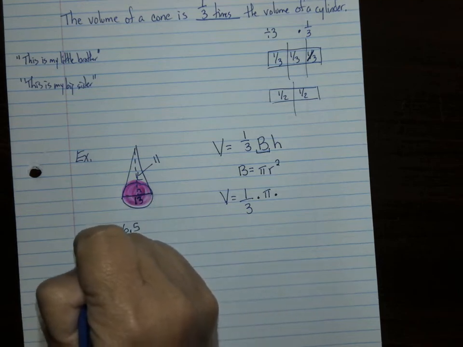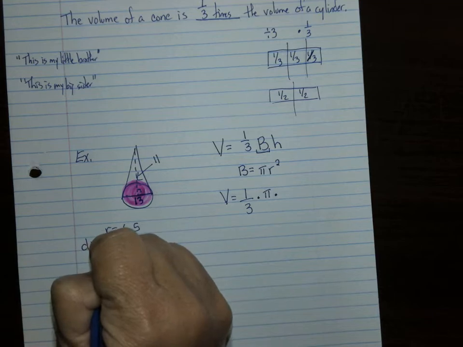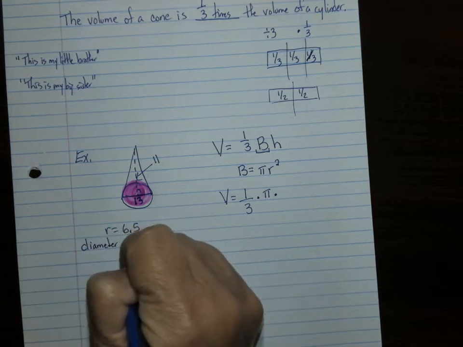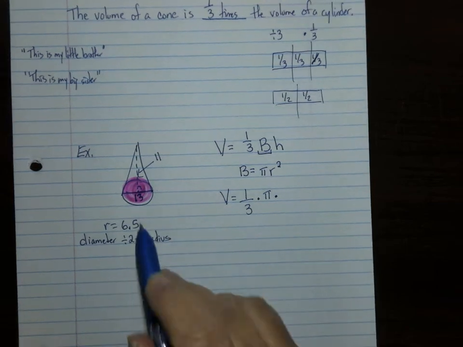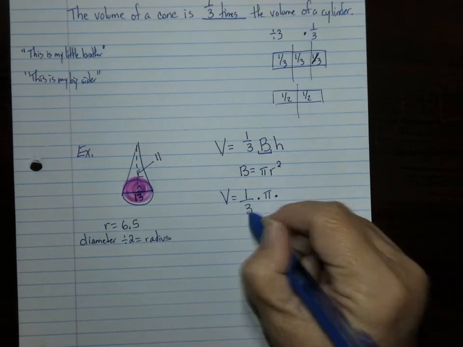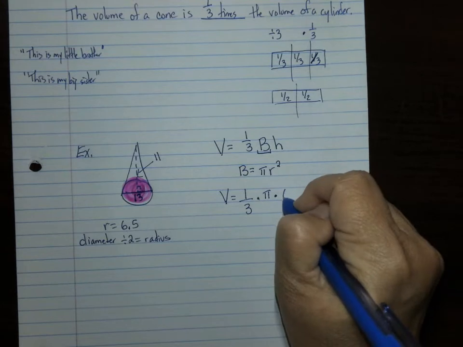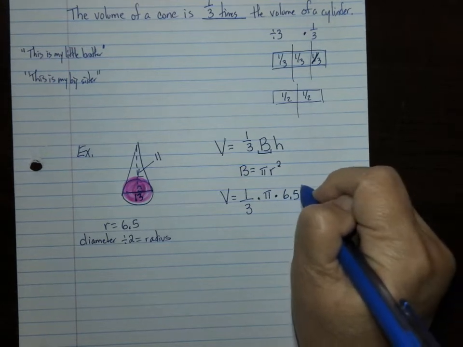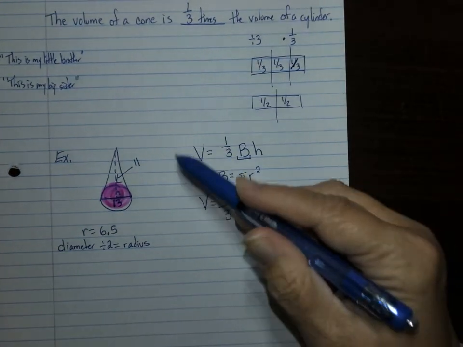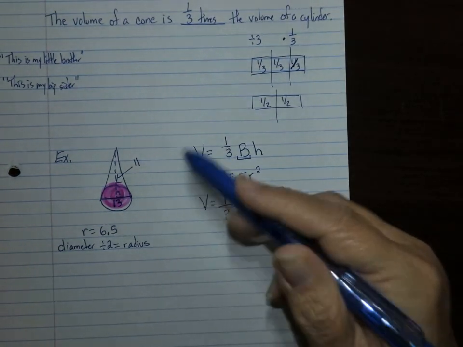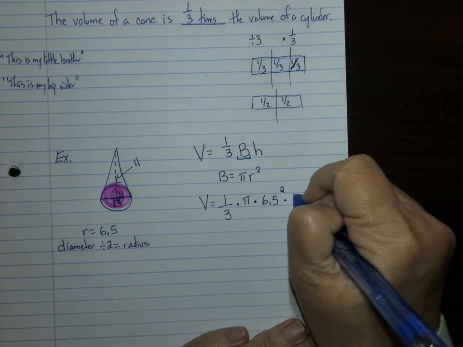That's the diameter. The diameter divided by 2 equals the radius. So we're going to do 1/3 times pi times 6.5 squared, and then times the height of the cone, which is 11.